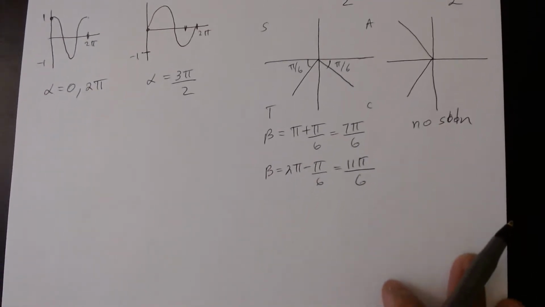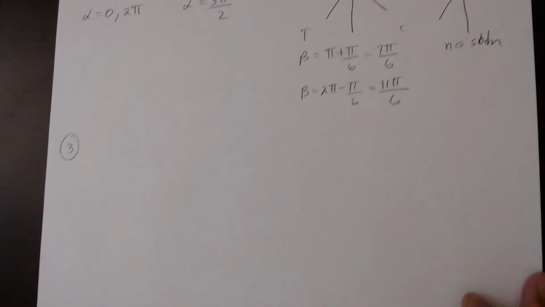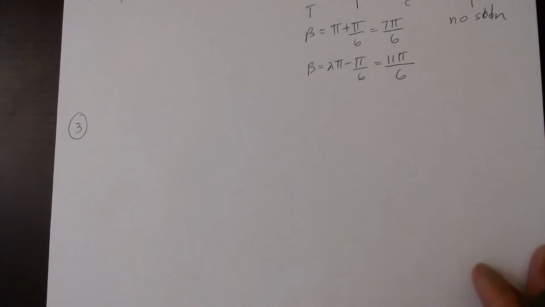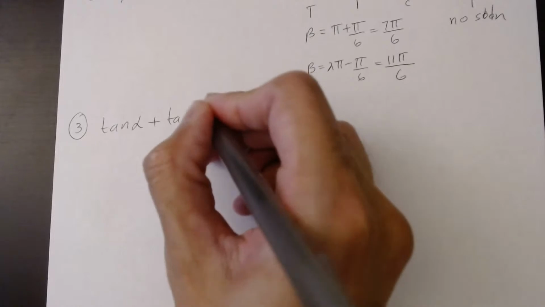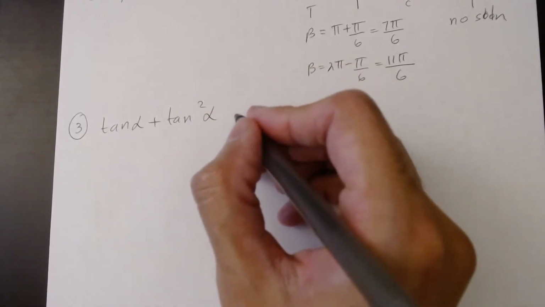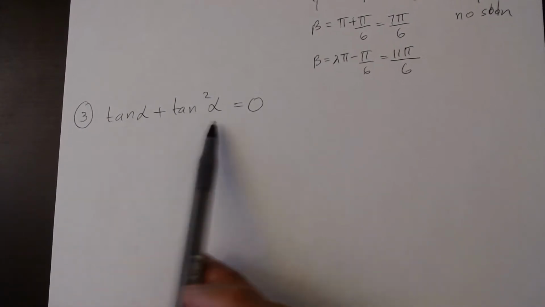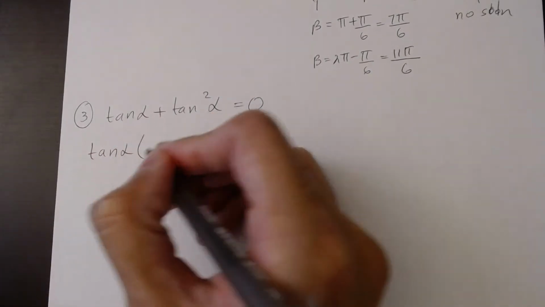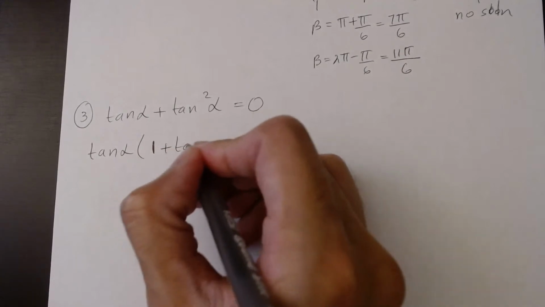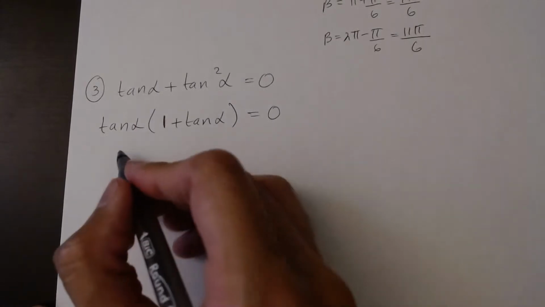Let's try the next question, which is tan alpha plus tan squared alpha equals 0. So this is no longer factored. I need to factor this question. So to factor this question, I will common factor out a tan alpha. I'm left with 1 plus tan alpha. So I can split this now.